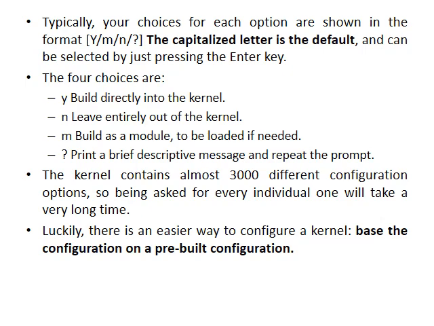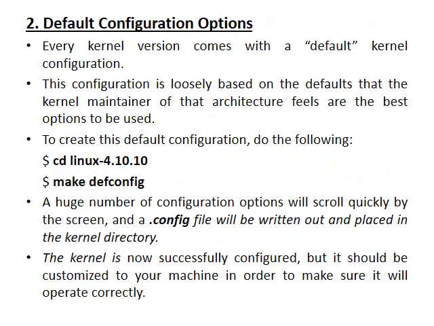For default configuration, the following command can be given, that is make defconfig. In that case, default options will be chosen, and if you are a novice user, then it is better to go for the default configuration rather than specifying each and every one of the 3000 or more options.